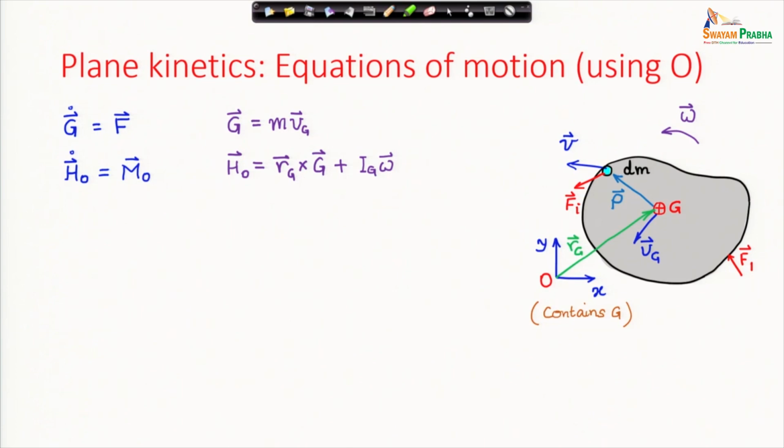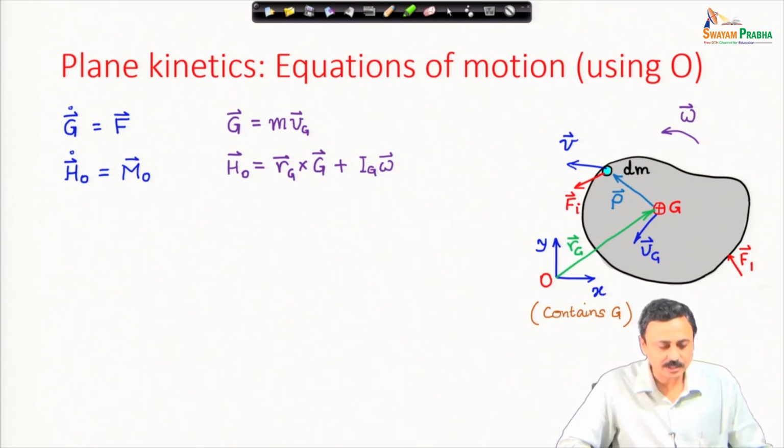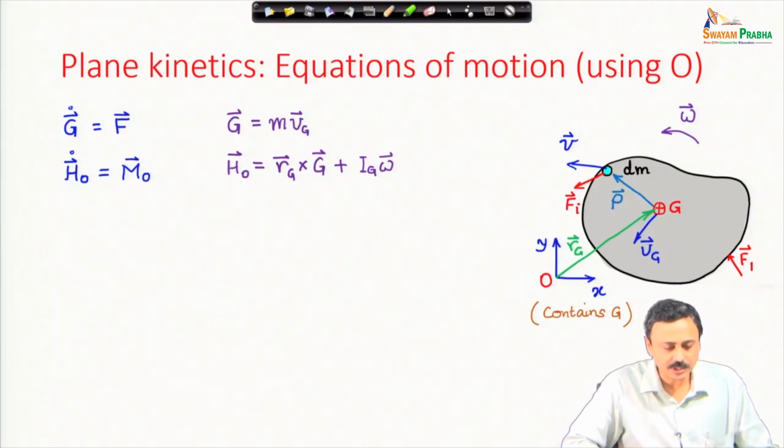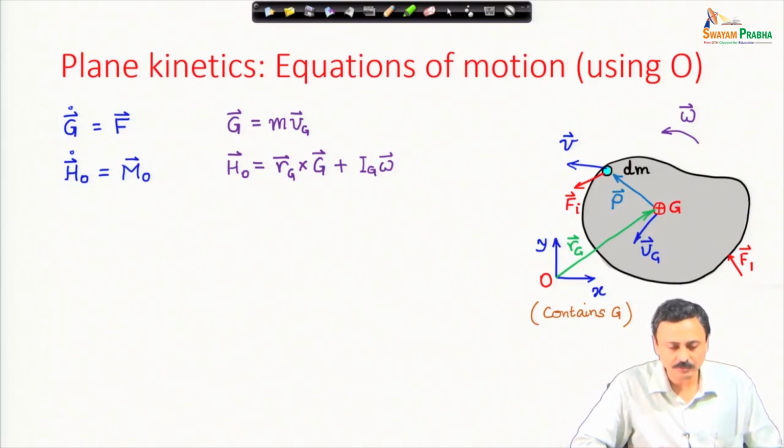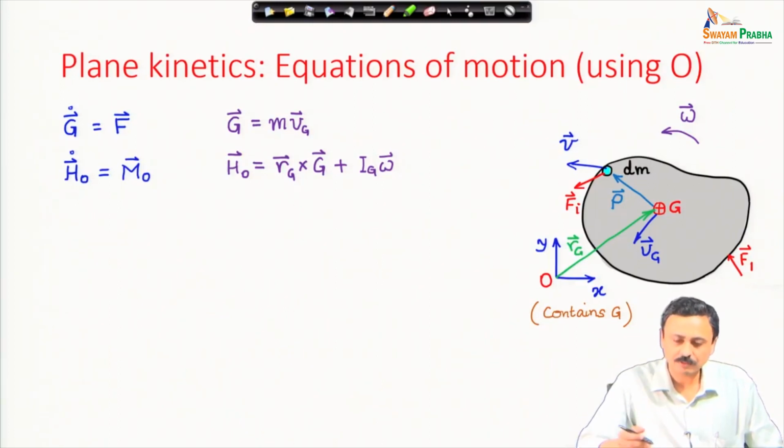If you use a fixed point in the inertial space, then the equation of translation of the center of mass is again given by the extended Newton's second law, and the rotational dynamics equation, that is the angular momentum equation, is again in a very simple form: rate of change of angular momentum about O, the fixed point, is equal to the net moment of all forces acting on the body about O. And we define the angular momentum about O in the form that is written.